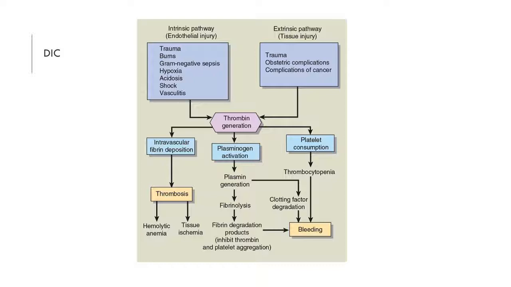So we often give fresh frozen plasma. The fresh frozen plasma helps to dilute the plasma proteins that are going crazy. It also has clotting factors in it, and so the area where the plasmin is acting, it's starting to act on the bleeding aspect.